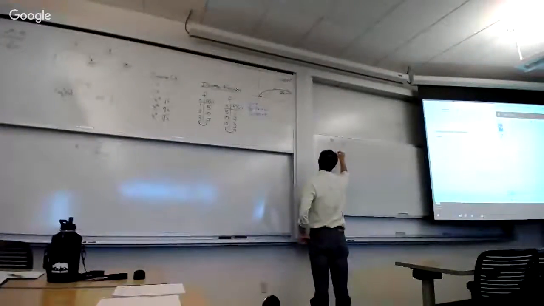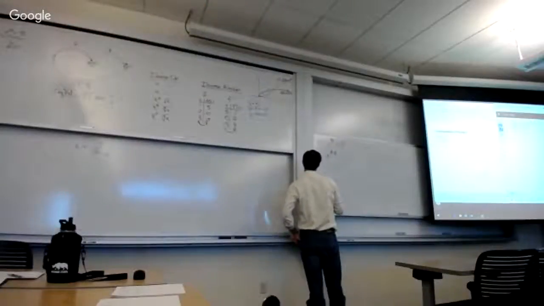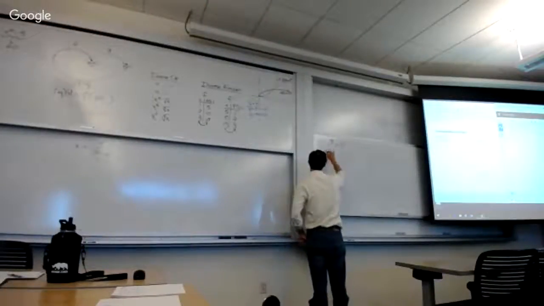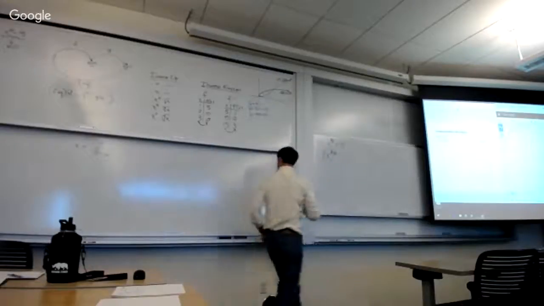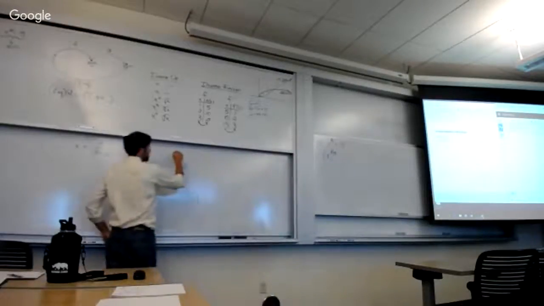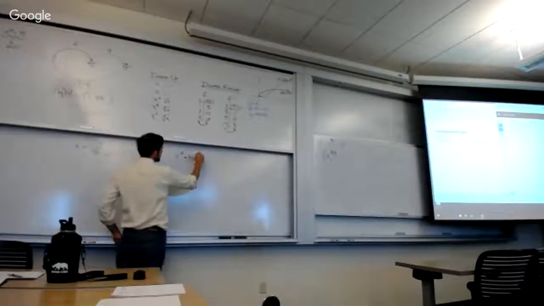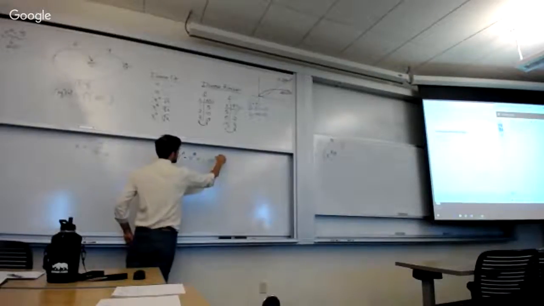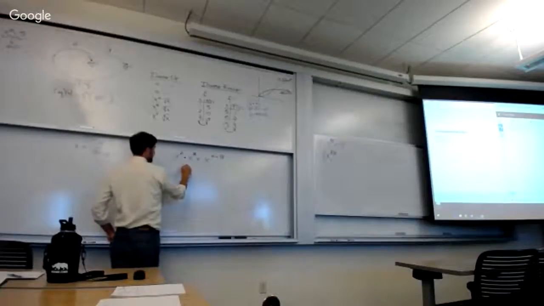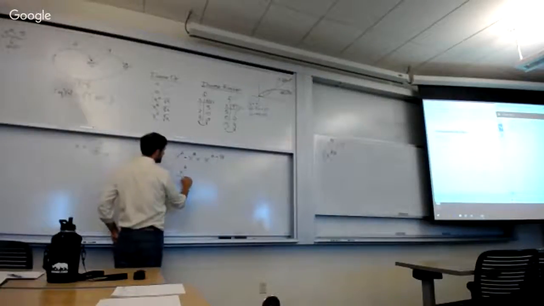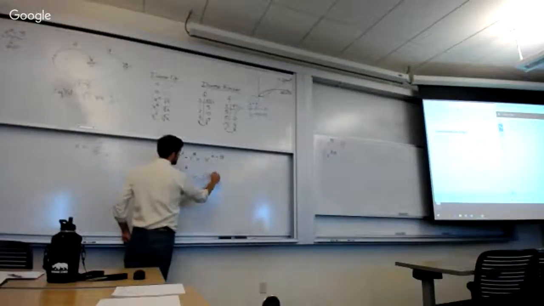times 1/2. And if you recall your rules about exponents, let me write them down so you can all see them. Everyone, do you recall that x to the a times x to the b is really x to the a plus b? And then x to the a divided by x to the b is x to the a minus b.